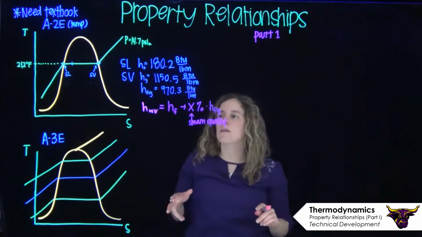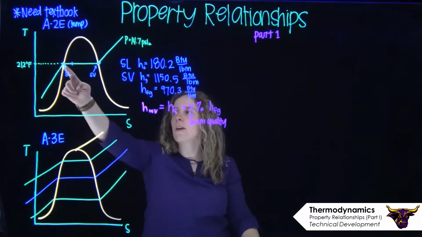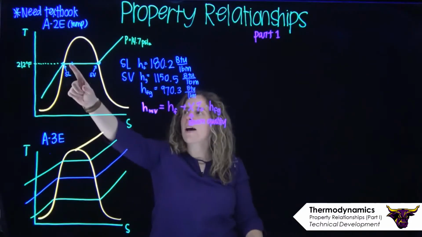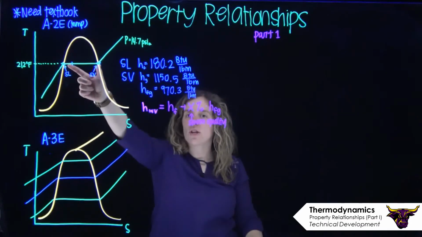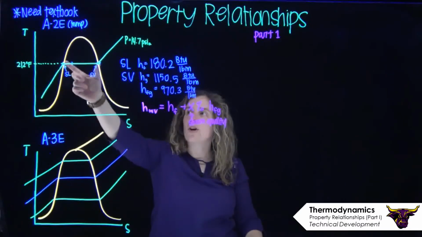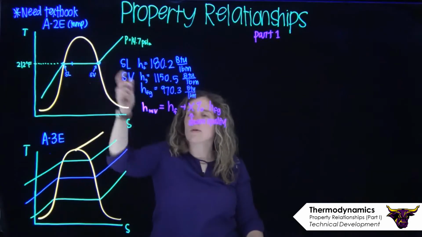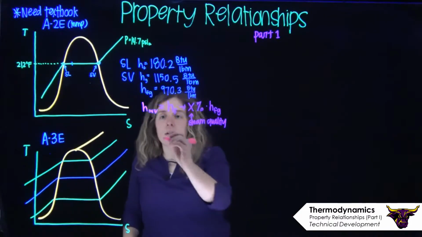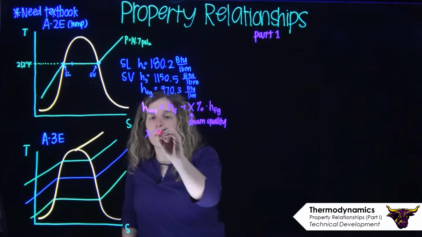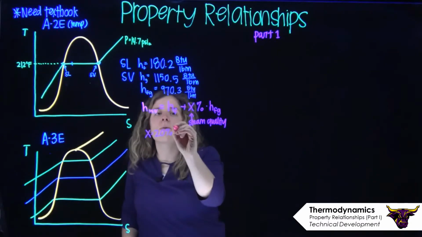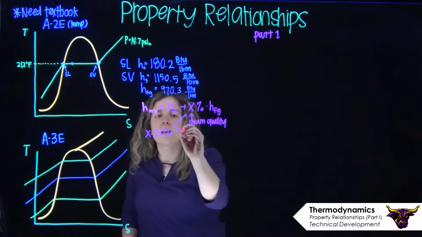What that means in terms of looking at this: we have some sort of HF, and we are going to add some percentage of that entire HFG, that difference between HF and HG. So say we had 20%, if X was equal to 20%, we would put 0.2 in there.